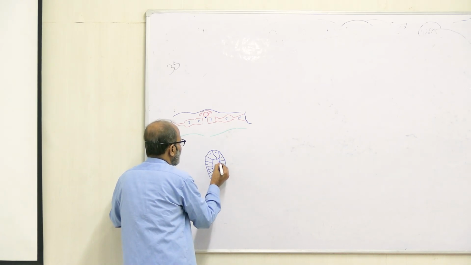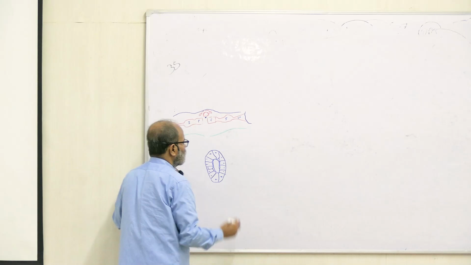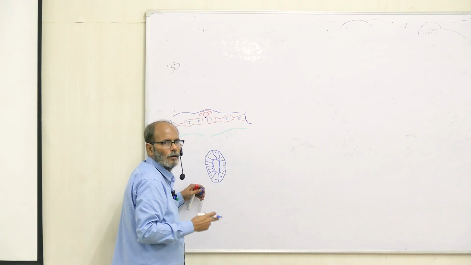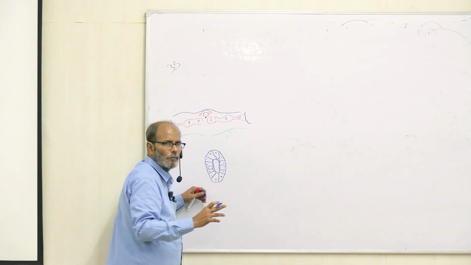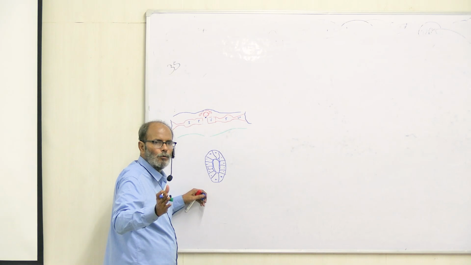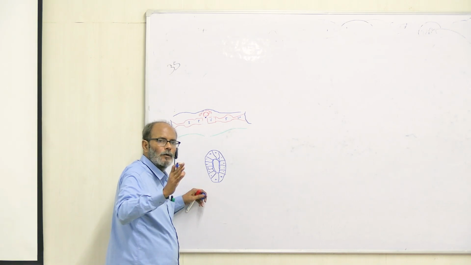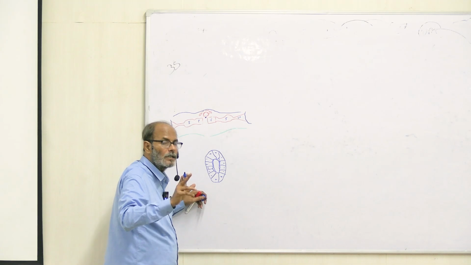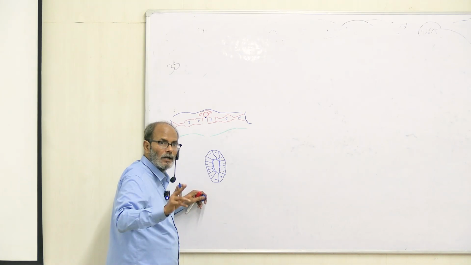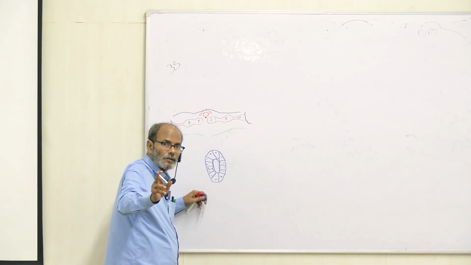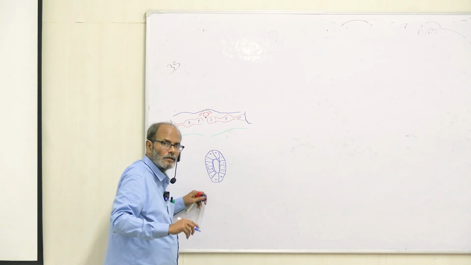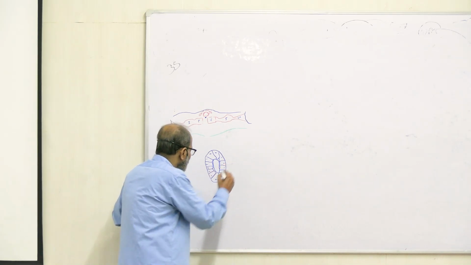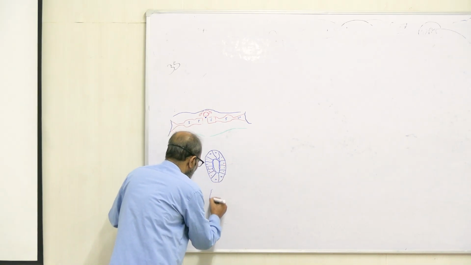And this is the central canal. Later on, the single layer of tall columnar cells differentiates into pseudostratified columnar cells with stereocilia. Always mention the ependymal layer with mentioning the stereocilia in ependymal cells, right? Then it proliferates to form the three layers.